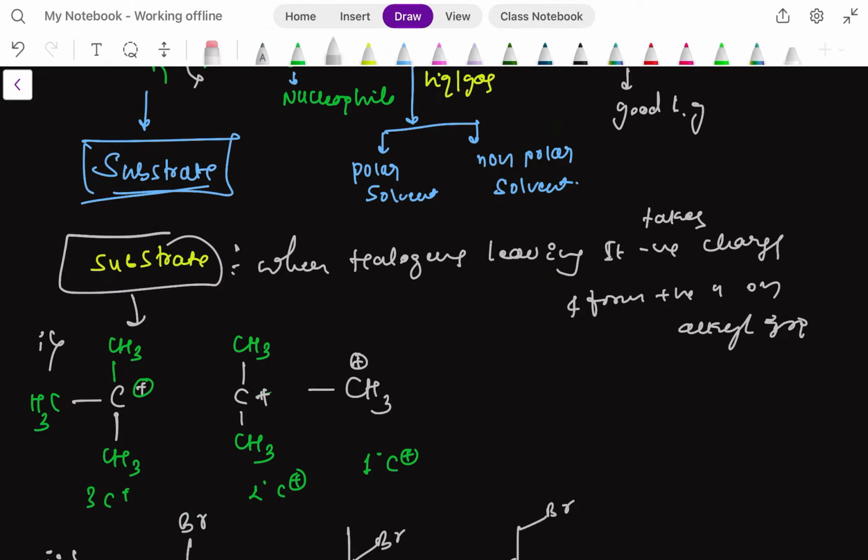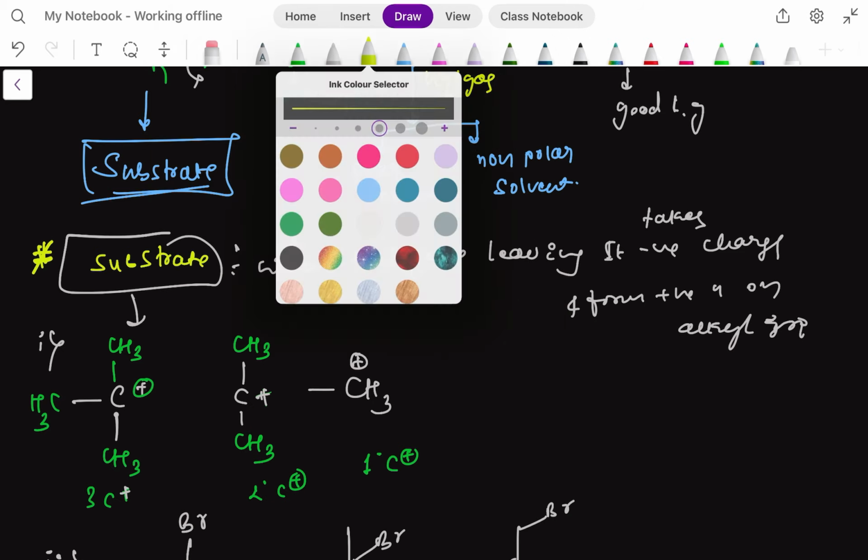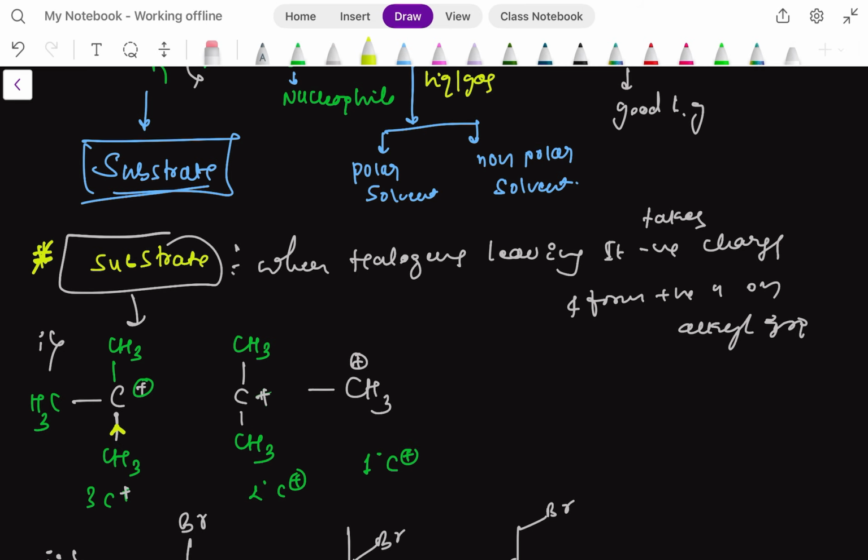Now what do you mean by SN1 SN2? I will explain later, but first understand substrate का role क्या है. जितना स्टेबल सबस्ट्रेट रहता है, कीप इन माइंड, उतना अच्छे से न्यूक्लियोफाइल आके इसको अटैक करता है. Therefore, comparatively the carbocation is obviously an electron-poor species here, and whatever CH3 they have given, that is an electron donating group, so it is generally donating its electron to the carbocation, so it becomes stable.